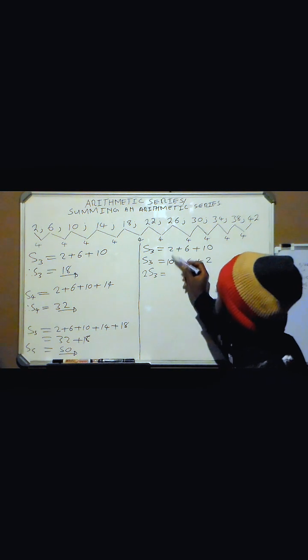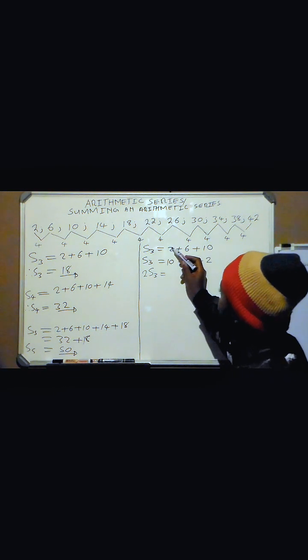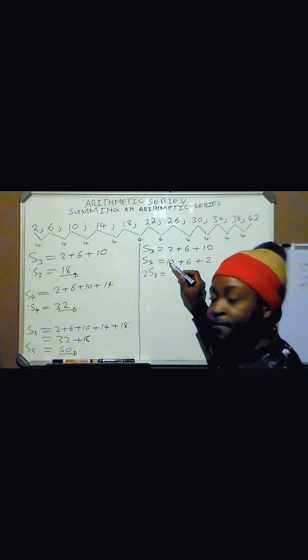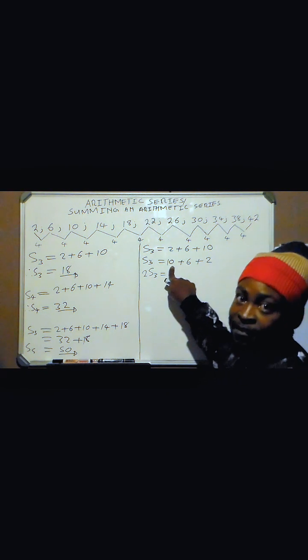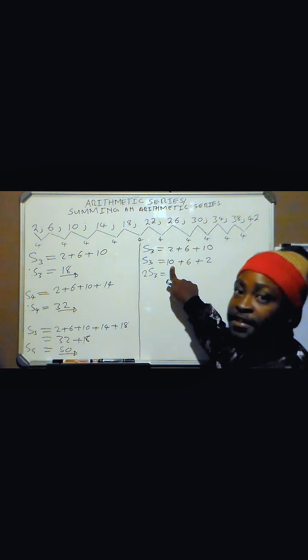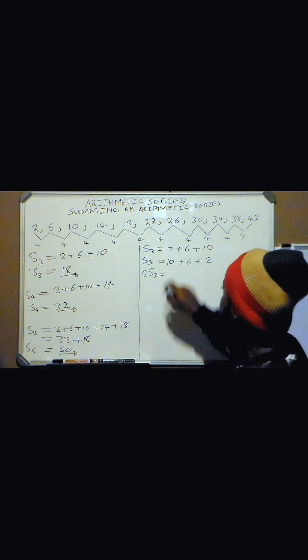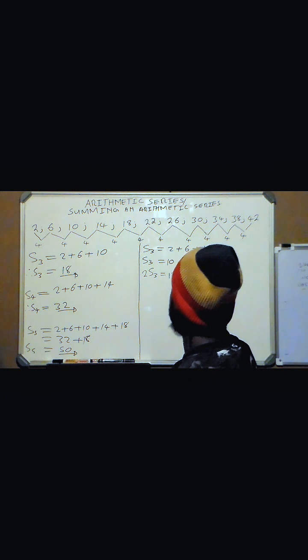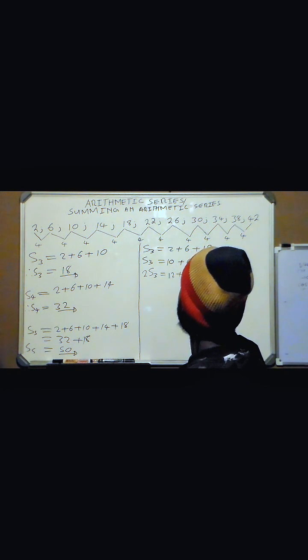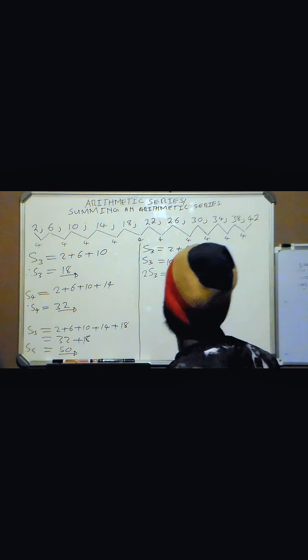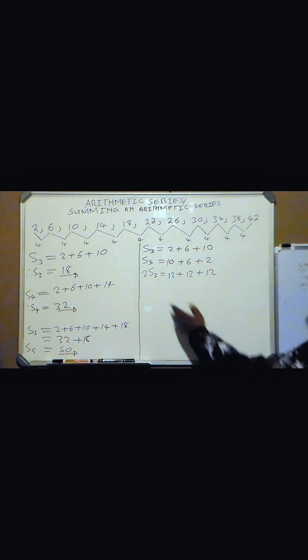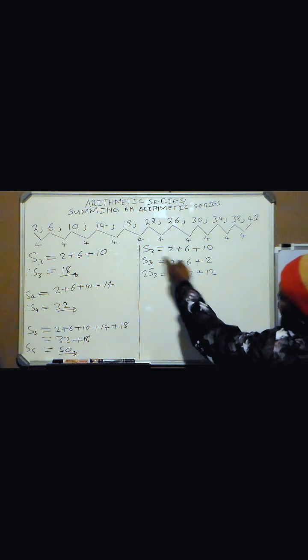And then it's going to be 2 plus 10, the first term plus the last term. Remember, this is the last term, but we reversed it, so it becomes the first term of the reversed series. So 2 plus 10 gives me 12. 6 plus 6 gives me 12. 10 plus 2, again I get a 12.